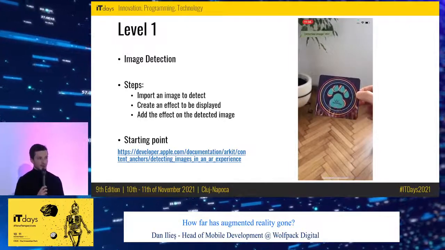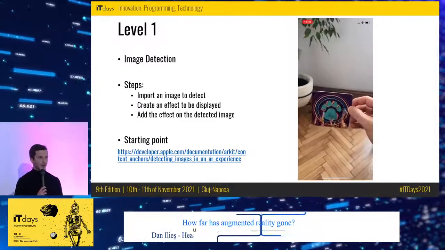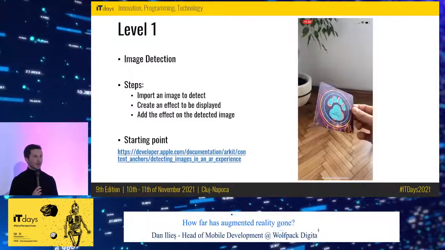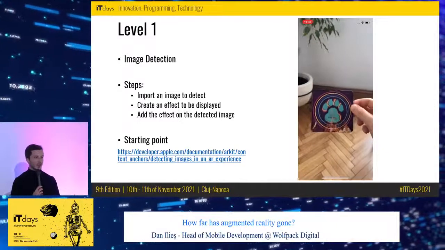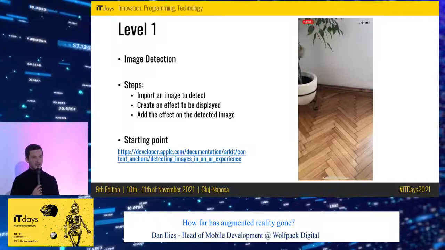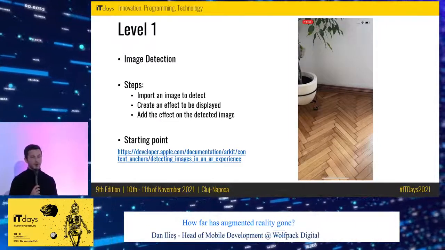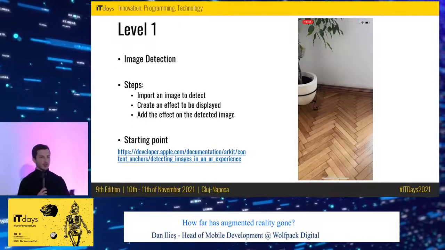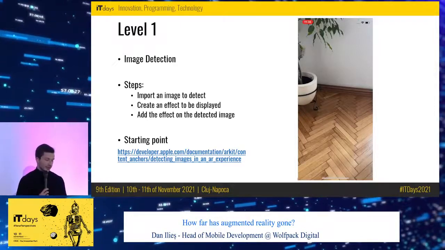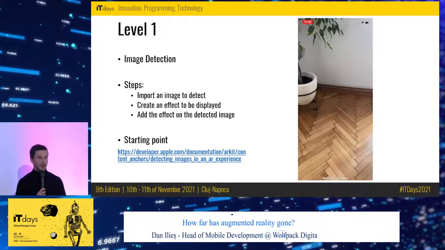This image was used as a marker, and the fire effect was added on the image. And you can see I'm moving it around, and the fire moves with the image.